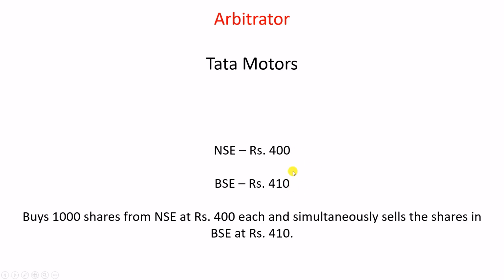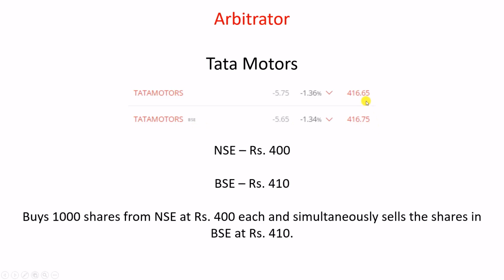Now this is an image from the Zerodha platform from today. You can see this is Tata Motors from NSE. Nothing is written here. This is Tata Motors from BSE. You can see BSE here, and you can see the price difference. Tata Motors in NSE is being traded at 416 rupees and 65 paise, whereas Tata Motors in BSE is being traded at 416.75 rupees.